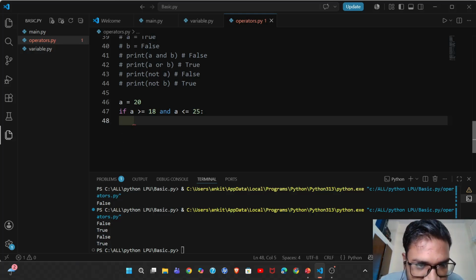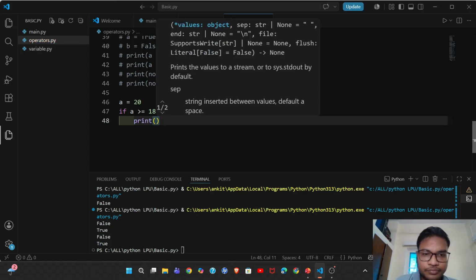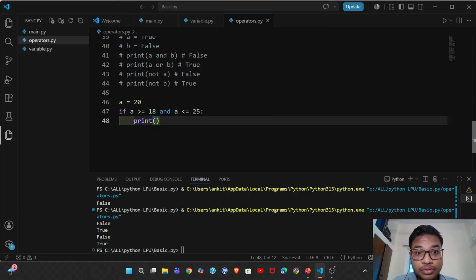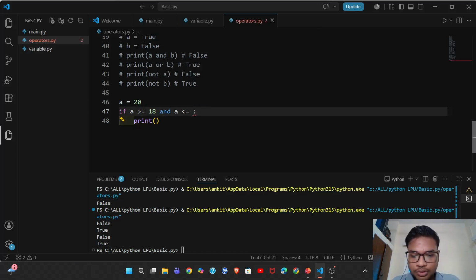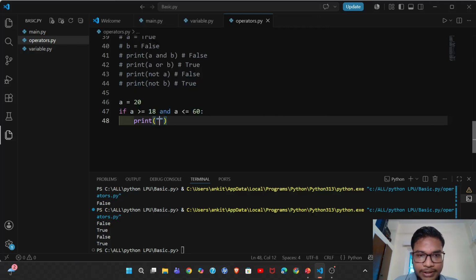This distance is 1 tab, like 4 spaces. 1, 2, 3, 4 spaces is also correct. And 1 tab. So now print adult.